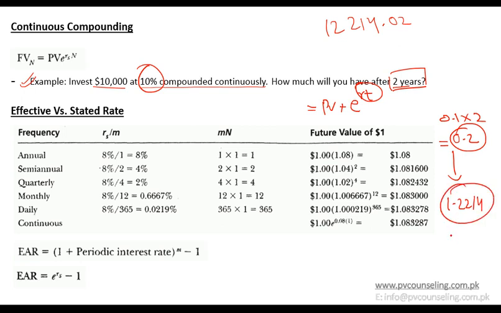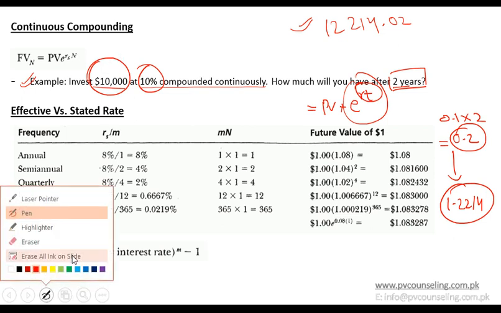You multiply this 1.2214 by present value, which is 10,000, to get this answer, which is 12,240. This should be your answer for future value of an amount compounded continuously.